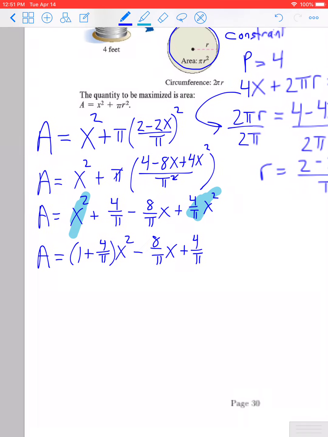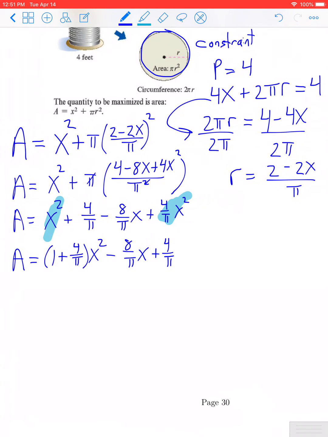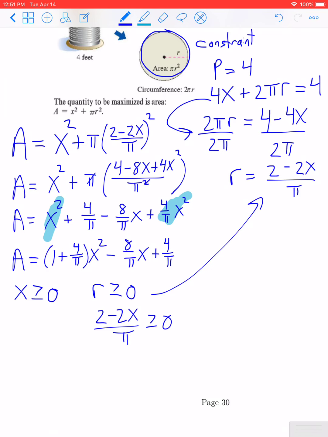If we want to think about the domain of this function, well, we know that x has to be greater than or equal to 0 for this to be a physical situation. We also know that r has to be greater than or equal to 0. If you come back to the expression where we had r, this means that (2 minus 2x) over pi has to be greater than or equal to 0.